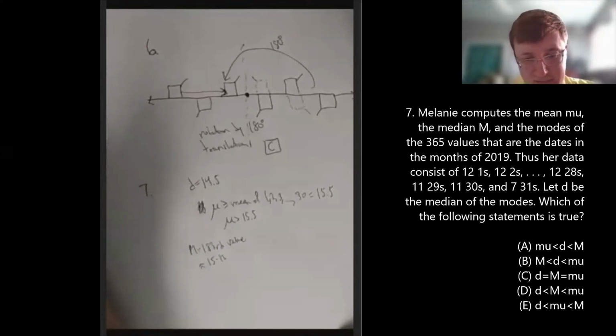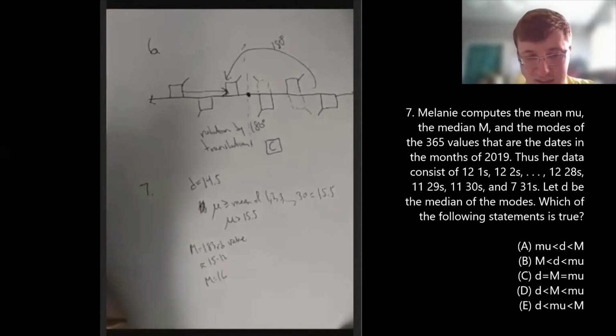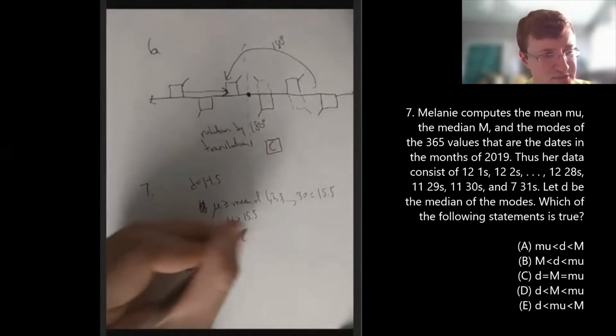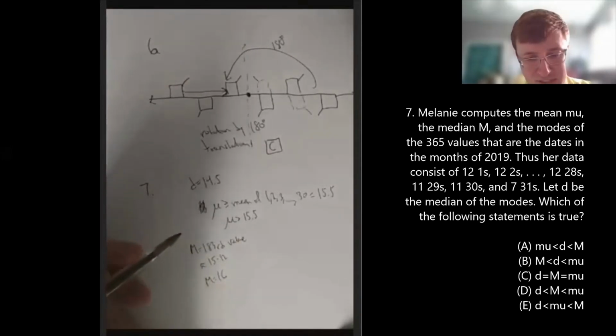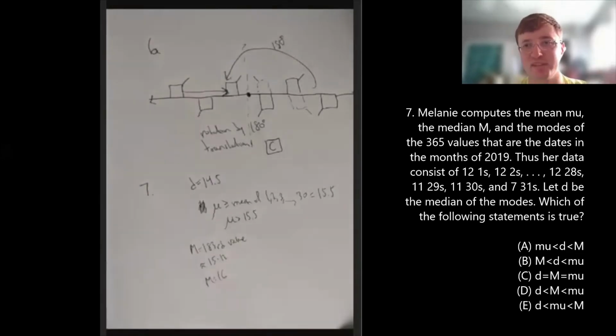Okay, so I'm looking at the 16th number. So M should be 16. And the mean can't be 16 because that would be the mean if all of the months had 31 days, because 16 will be right in the middle. So yeah.